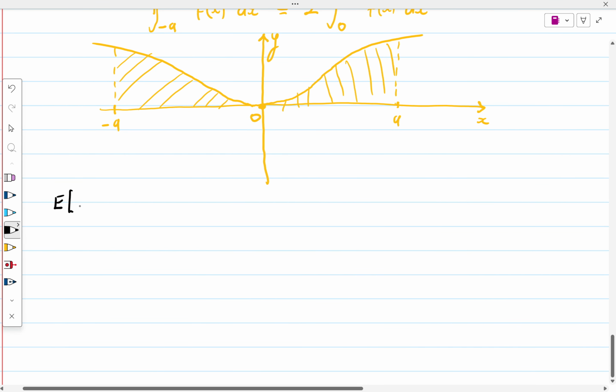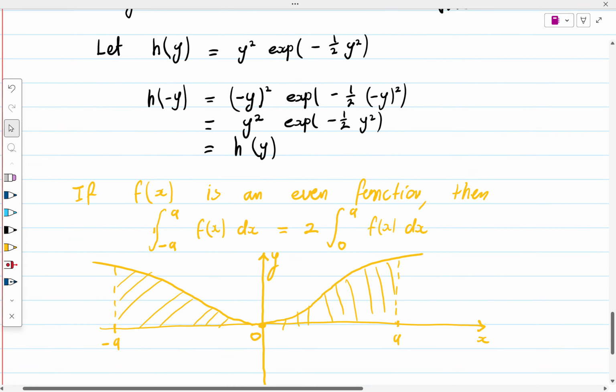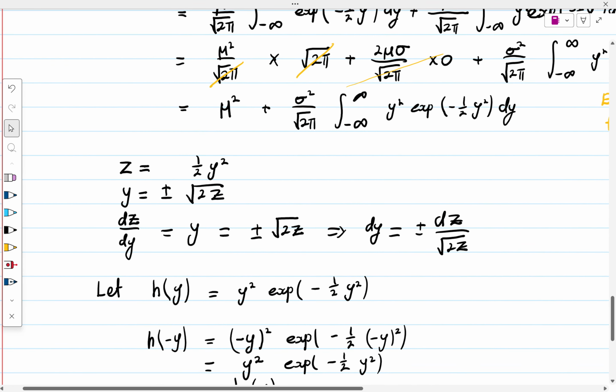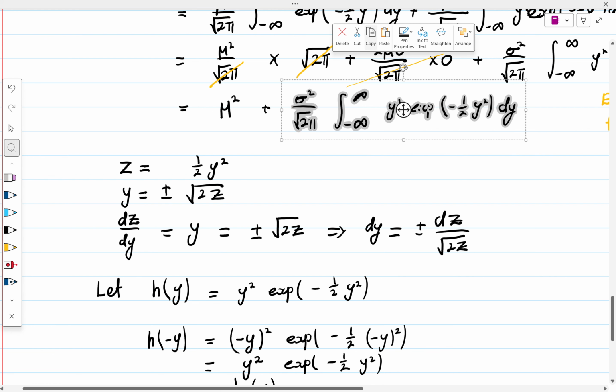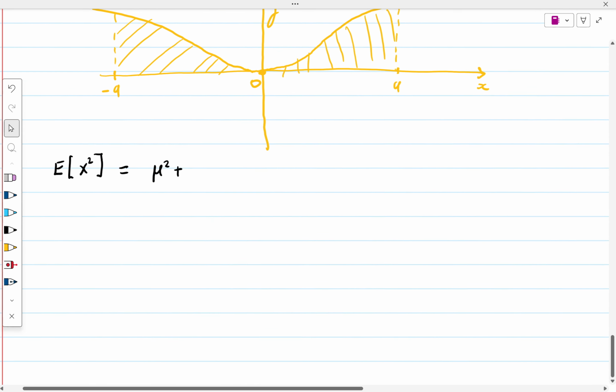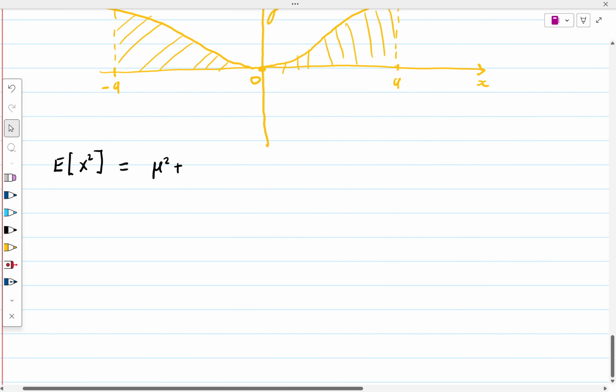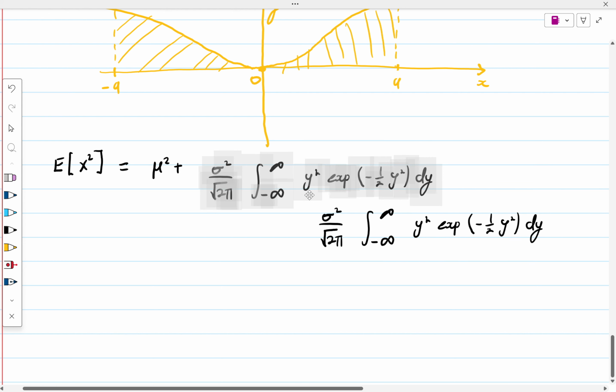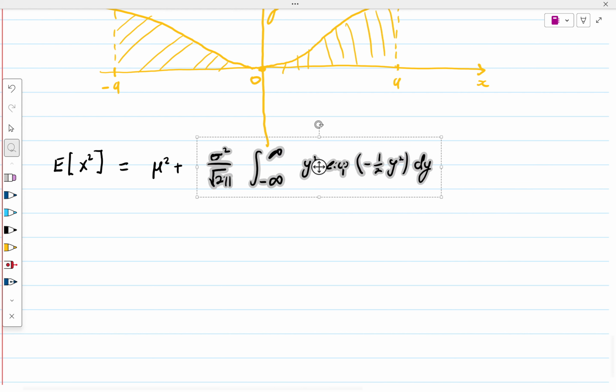The expected value of x squared is equal to, I think it was mu squared plus, taking that expression, let's copy and paste our expression here, but now we're not going from negative infinity, we're going from 0 and we're multiplying by 2.